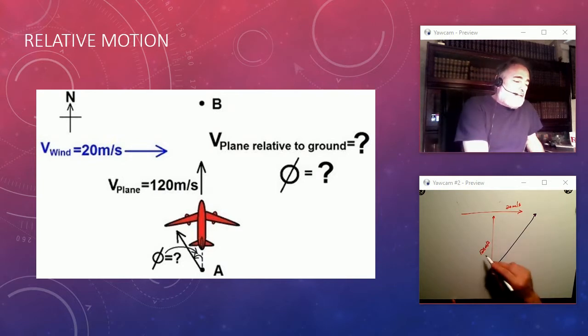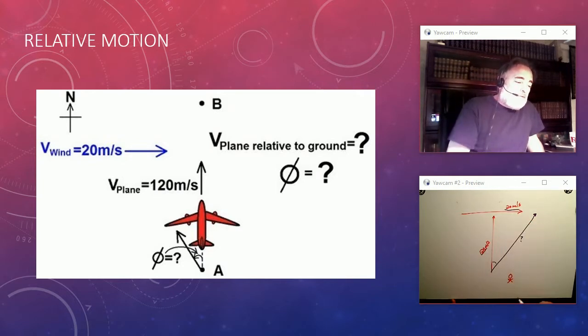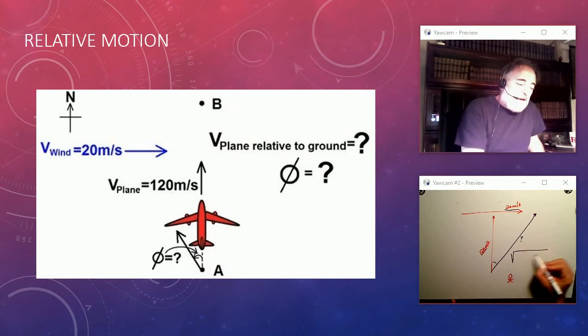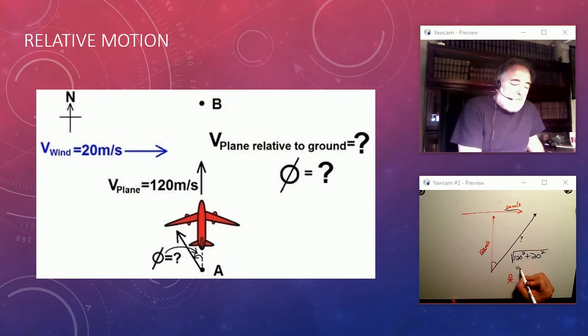Well, if this is 120 and this is 20, how do I get the hypotenuse of a triangle? Of course, Pythagorean theorem: 120 squared plus 20 squared. What is that velocity? 121.7 meters per second, in my viewpoint.